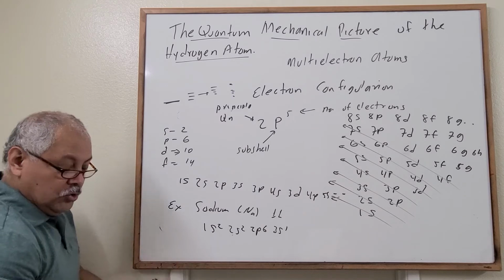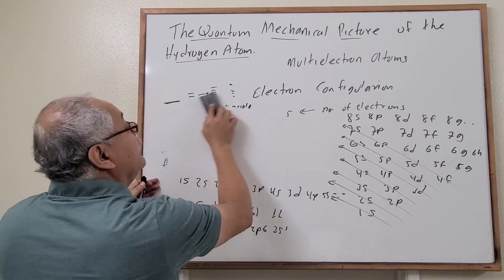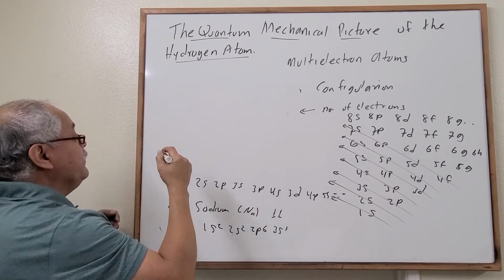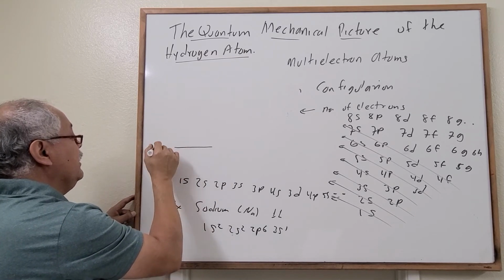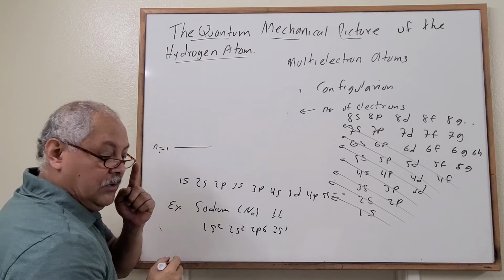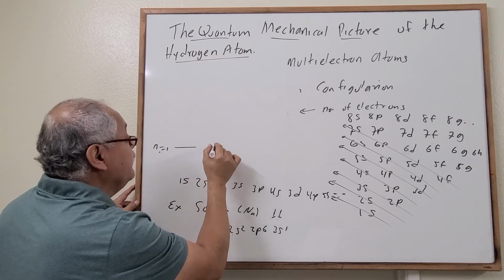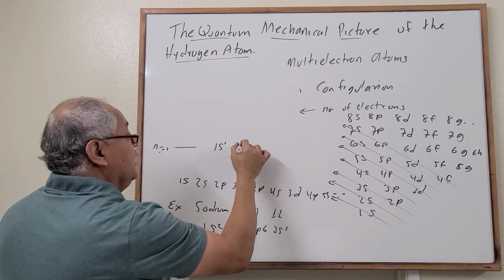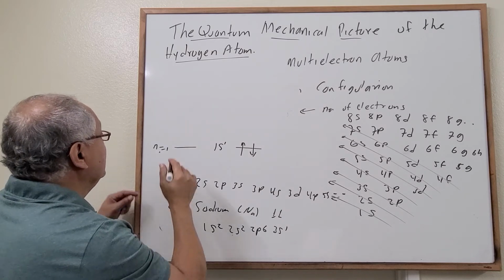Correct. Also, we represent this in this way. If this is the ground state, n equals 1. Correct. And what do we have in this state? Well, we have this 1s2, and we have that this is spin up and spin down. We have only two electrons. Correct.